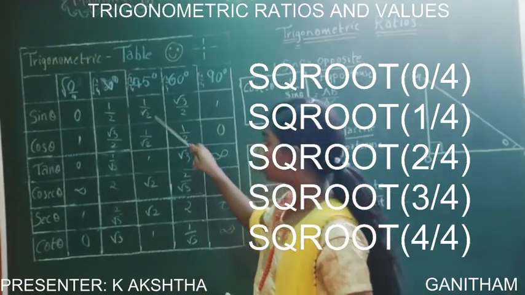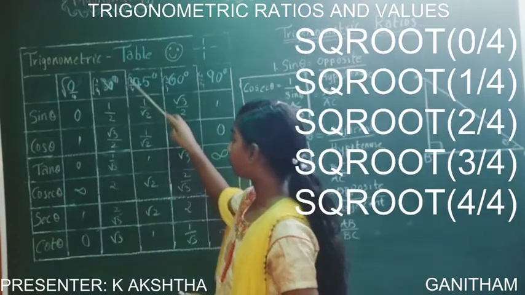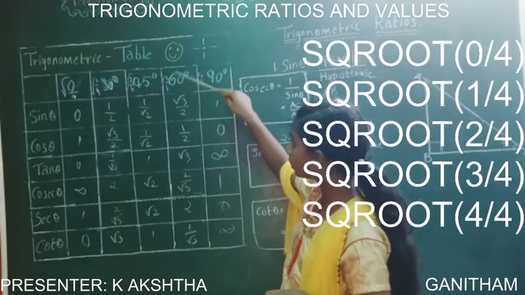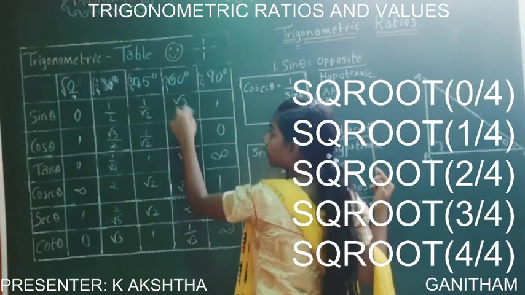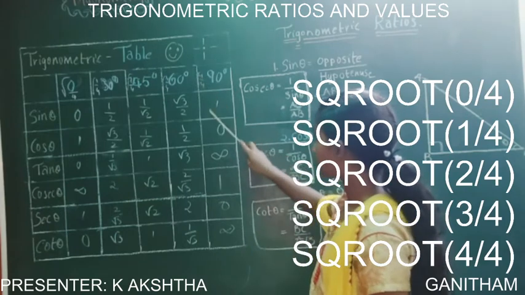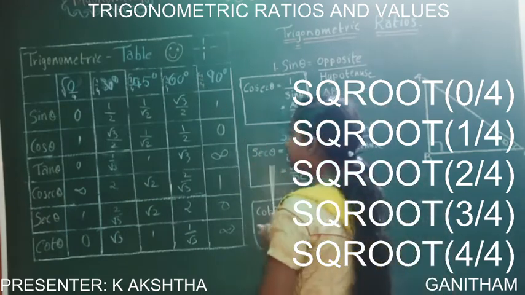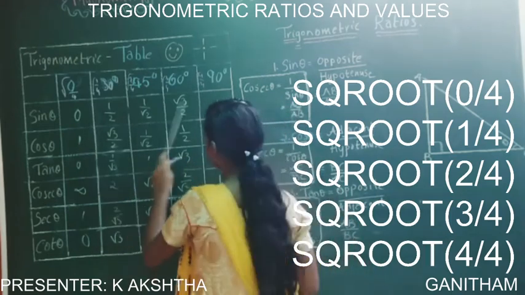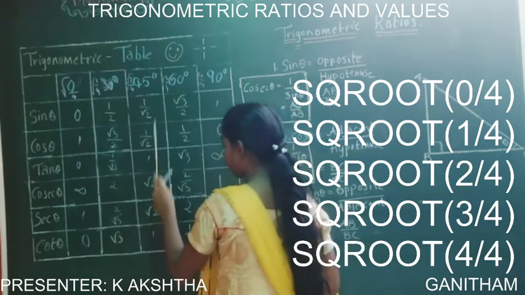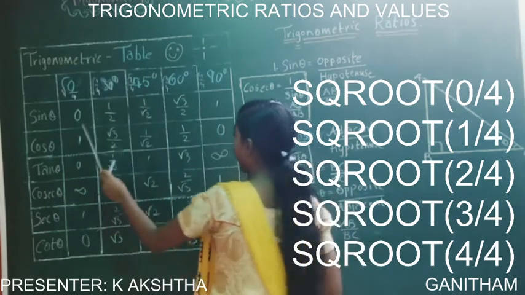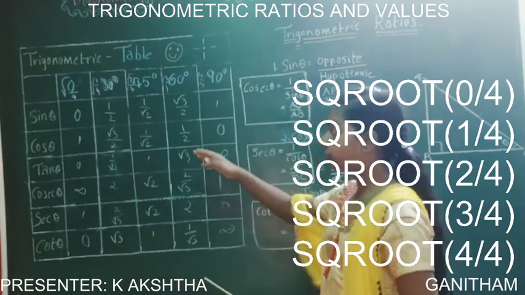Then root over 3 by 4: root 4 is 2, root 3 is the same as root 3. And 4 by 4 is 1, root 1 is 1. Simple thing, I have to write this in reverse for cos theta: 1, root 3 by 2, 1 by root 2, 1 by 2, and at last 0. This is how we write.